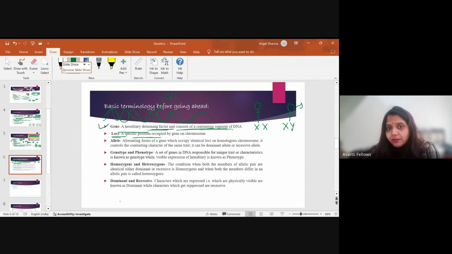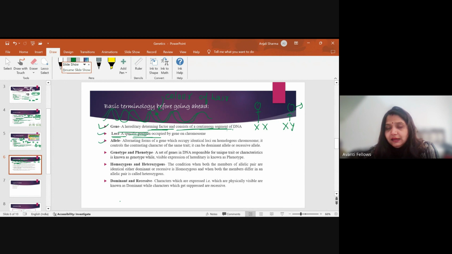If this is the particular character for color of hair, then this particular place is called loci. On this entire segment of DNA or the chromosome, the position responsible for any particular character is known as loci.